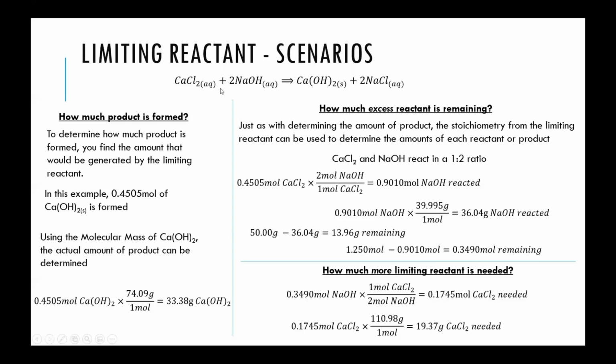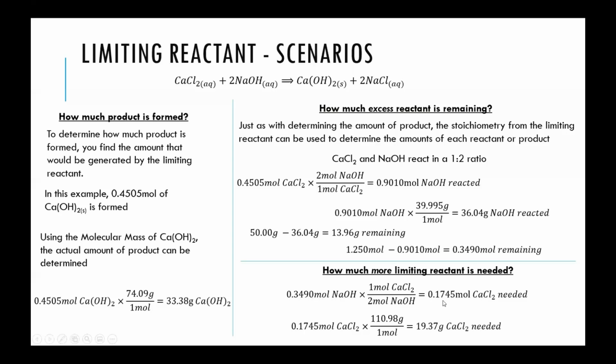And for every 2 moles of sodium hydroxide, it reacts with 1 mole of calcium chloride. So now, again, to make sure that this sodium hydroxide is canceled out, you're dividing by 2. It's the same ratio, but you're going in the opposite way now. So you're dividing by 2 instead of multiplying. So it will take half as much calcium chloride to react with this.